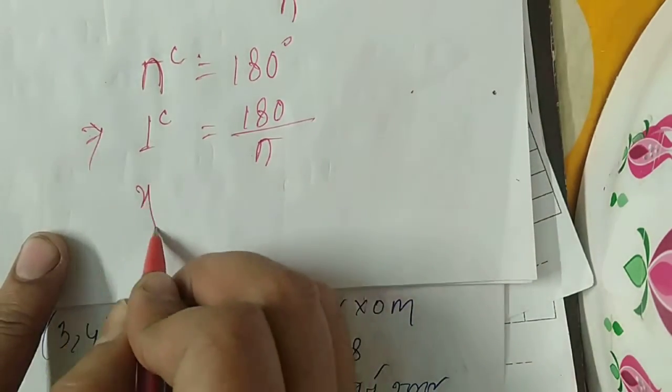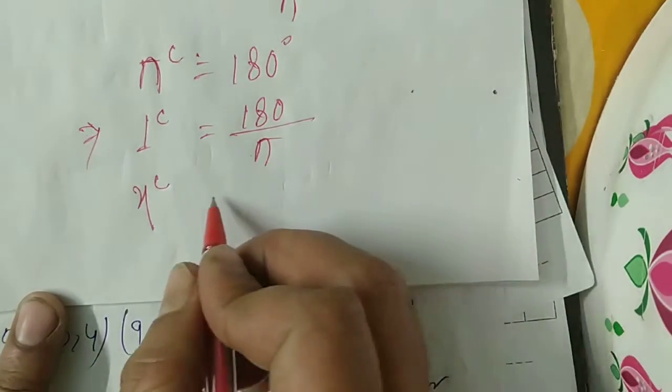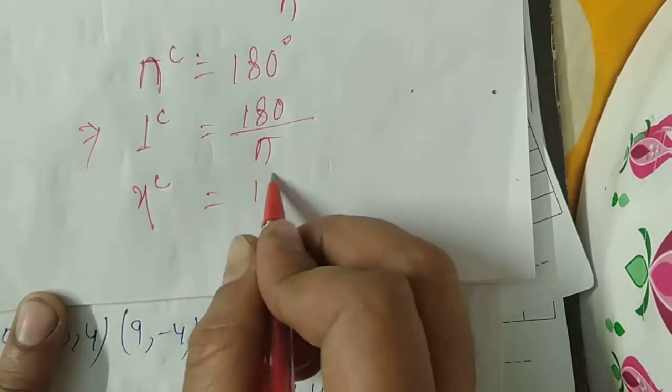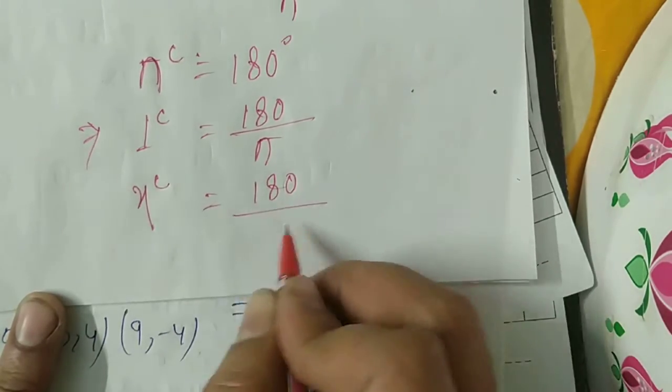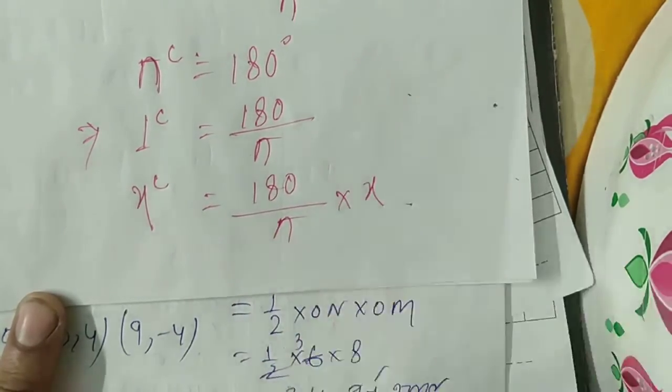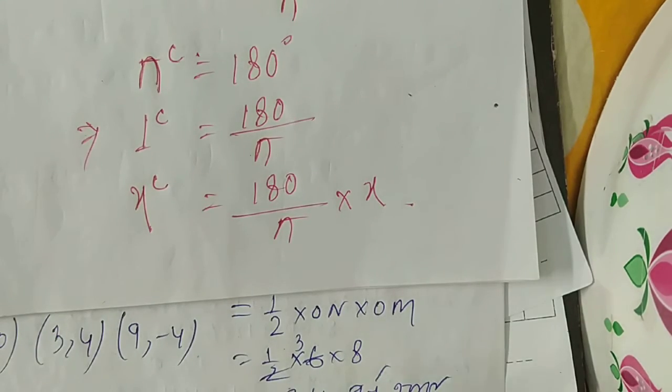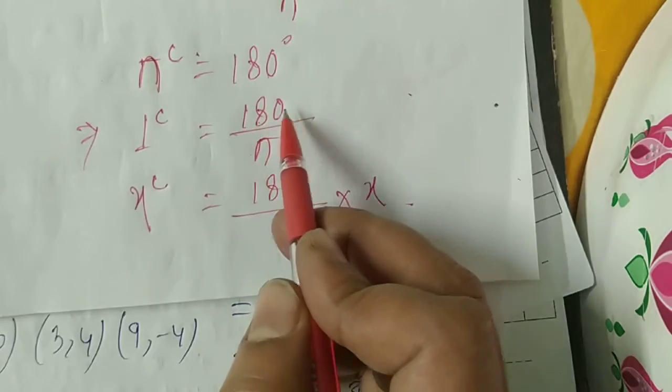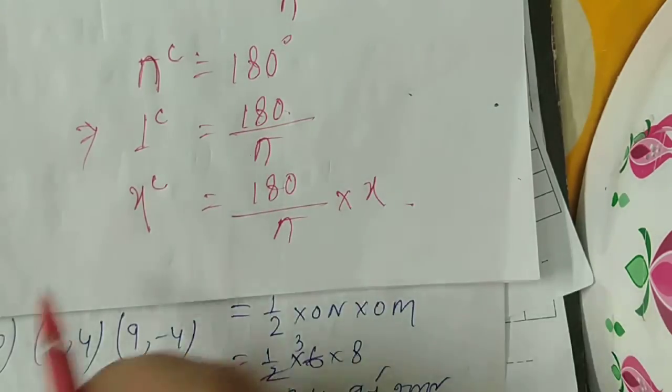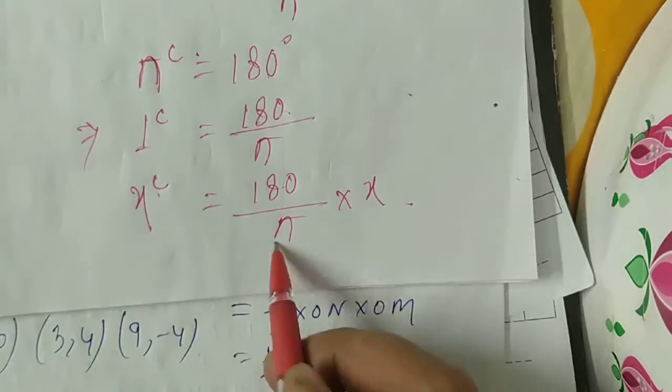And x radian equals 180 by pi into x. Okay students, so pi radian equals 180 degree, 1 radian equals 180 by pi degree, and x radian equals this.